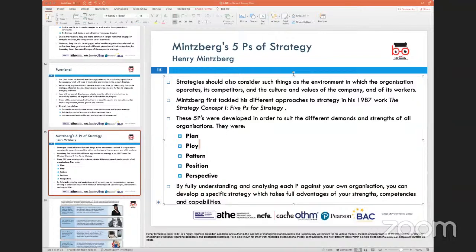For example, if it does expect a competition to react to the way it is selling its product in the market, then the company would need to look at a ploy in terms of using strategic choices to be able to offer and position itself so that if the competition reacts, for example, if you launch a product in the market and it's a similar product which the competition has, the competition which is already positioned on a price point and is able to get more sales, if it sees you coming in, another product or another organization coming into the market, then at some stage they would decide to introduce a promotion.